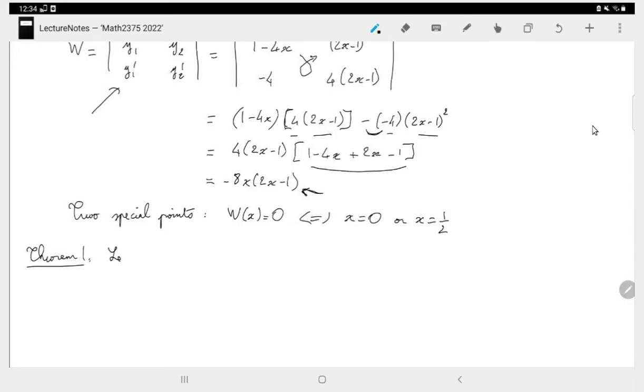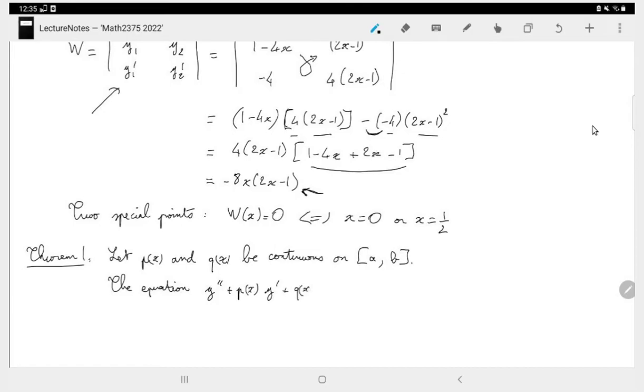that theorem says let p of x and q of x be continuous on an interval AB, and with that hypothesis, the theorem says that the equation y double prime plus p of x y prime plus q of x y equals 0 has a unique solution y on AB, so still our same interval, that satisfies a set of initial conditions, which is y of x0, I'm going to call that x0 for my initial condition, equals alpha, and I want this alpha to be real.